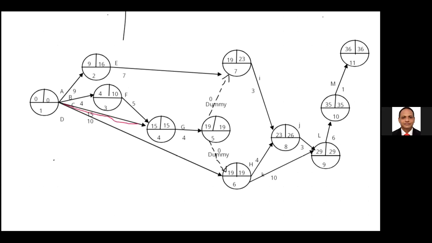Then how we got the 15 and how we got the 19 via the G. How we got the 6th event, early starting time equal to latest completion time, via the dummy.